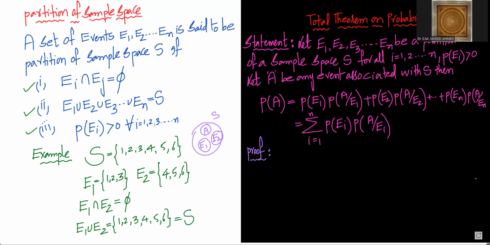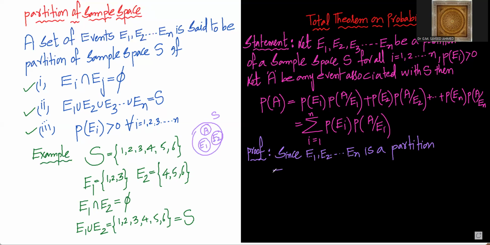Now we have to prove this thing. So we start. Since E1, E2, and so on, En is a partition, once it is confirmed that it is a partition, I can use all these three properties.